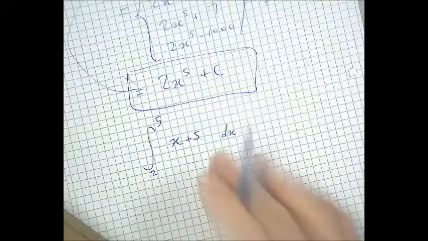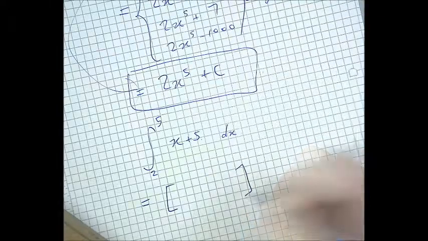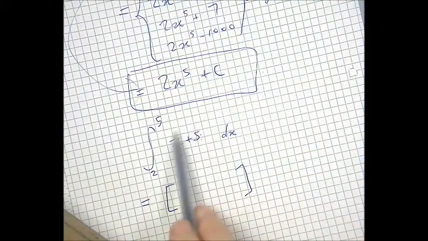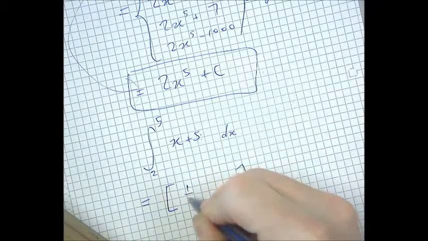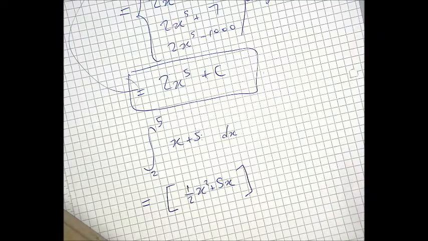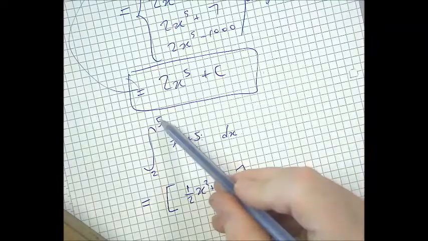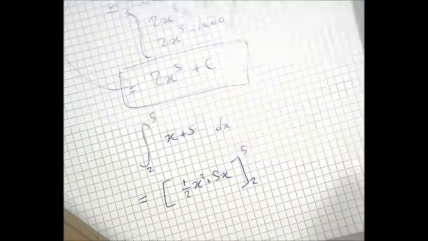The second meaning is when you write the basic Core 1 primitive, so in other words, what you would need to differentiate in order to get that, when you write it in squared brackets, and you don't need to write a plus C, but you can if you want. And instead of the 5 and the 2 being atop a curly, the 5 and the 2 go on the right hand side of the square bracket.